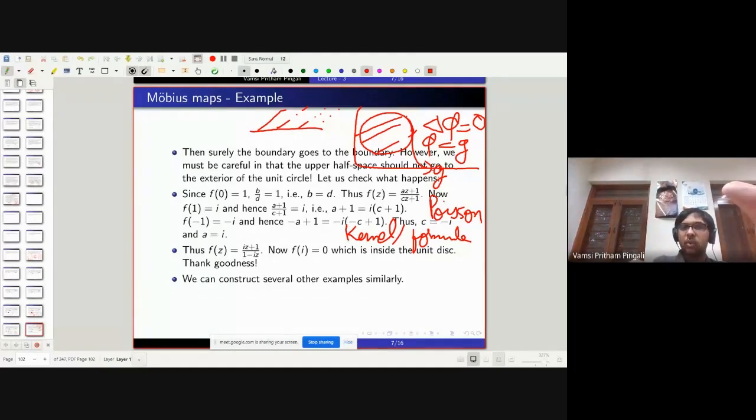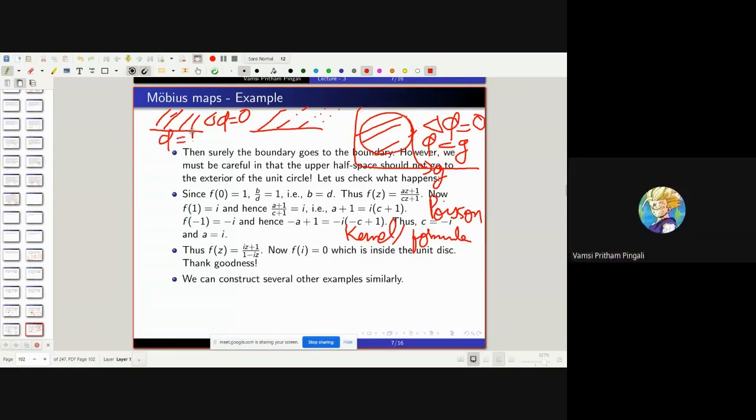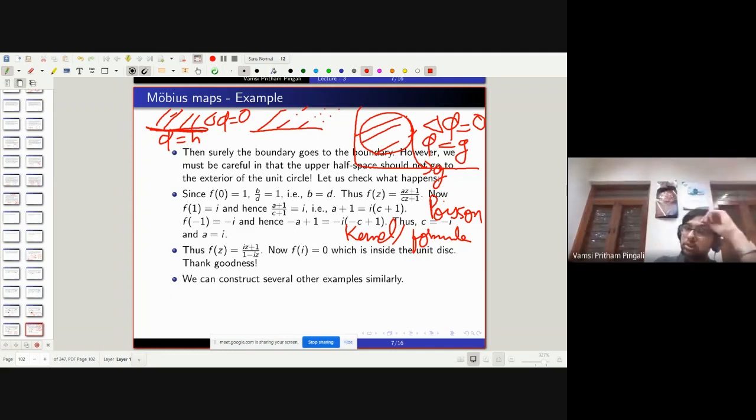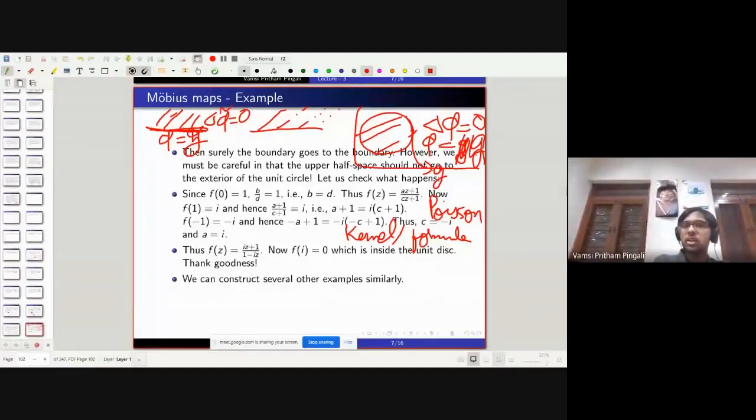Now, if I ask you the same question on the upper half plane, with h on this line, what you can do is solve this problem and use that Mobius map. That is, this function, say phi tilde, is simply phi composed with a Mobius map. In other words, you have a map from here to here, f.